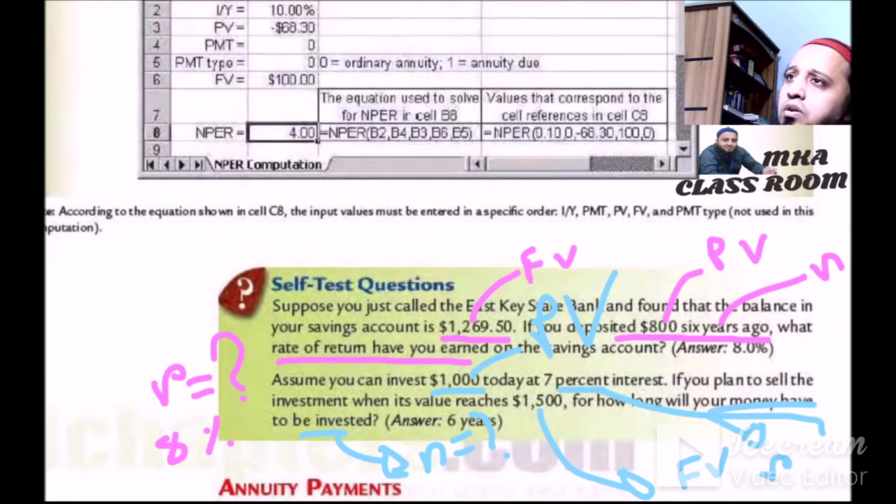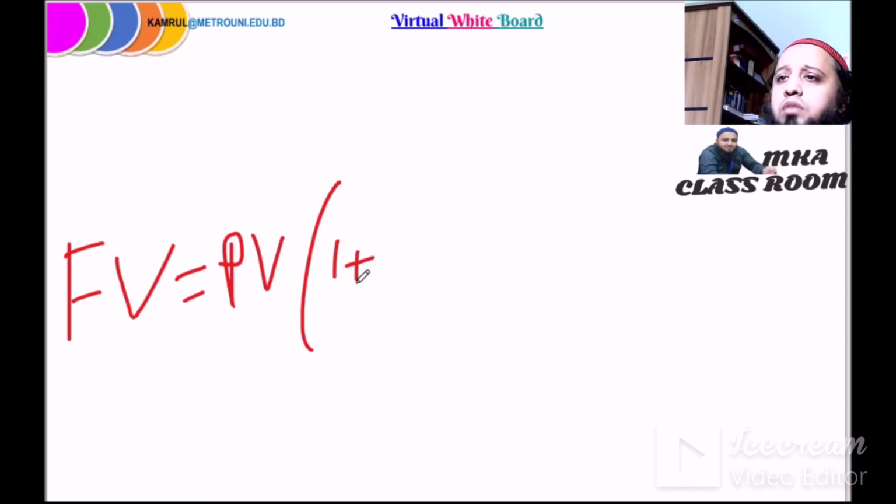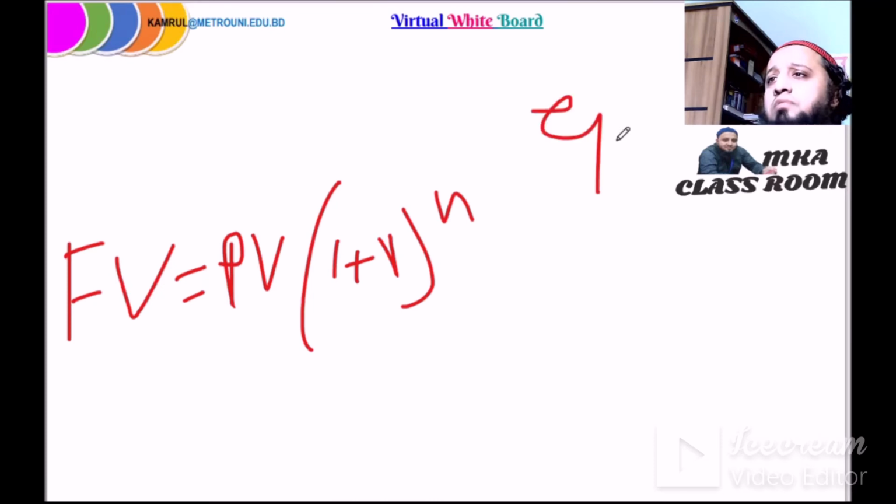So we will go to our virtual whiteboard, then we can write down our formula. Future value equals present value times 1 plus r power n. So we write down our given information.